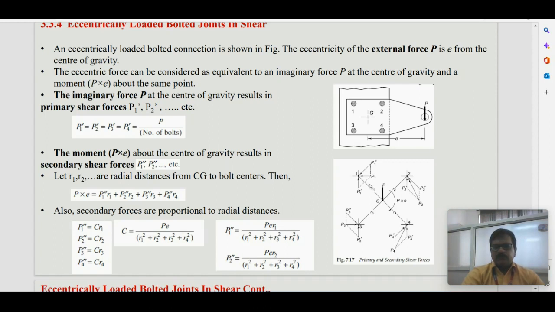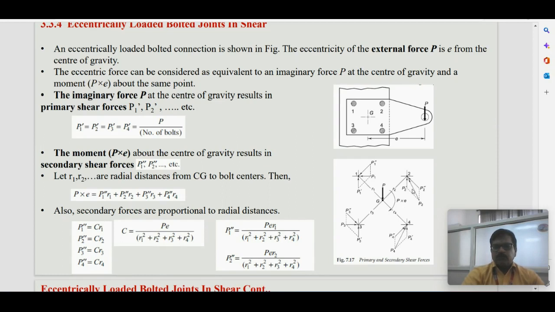By visual inspection we can say that in bolt number 1 the primary is downward and the secondary is upward but inclined, and in bolt number 2 both are in the downward direction but with some angle. In the third one, one is downwards and another is upwards, and in the fourth both are downwards with some angle.